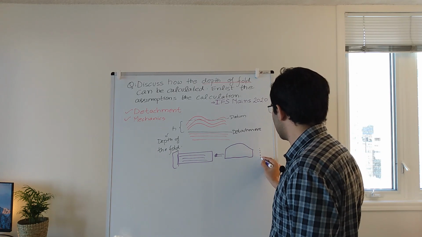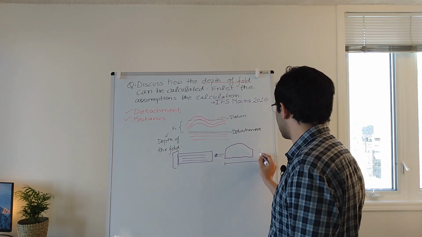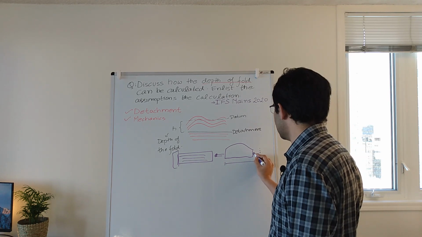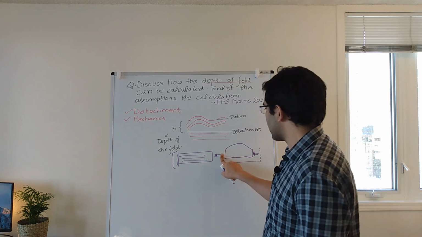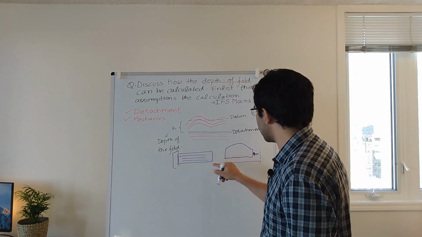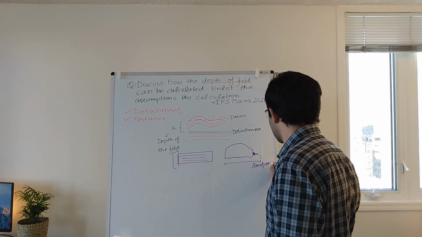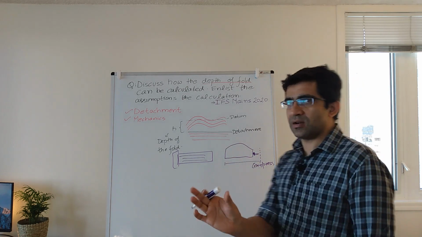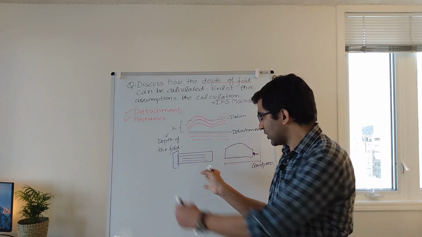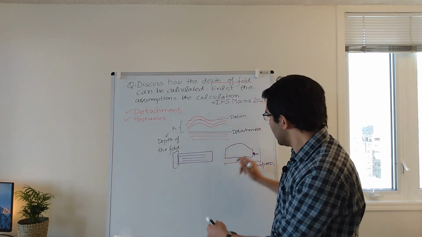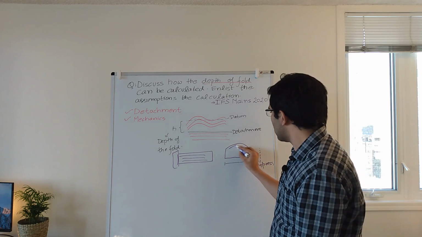Let's say this was the original length. You have compressed it in this direction, so the layers will be shortened in the direction of compression, and you will get a folded sequence on top.